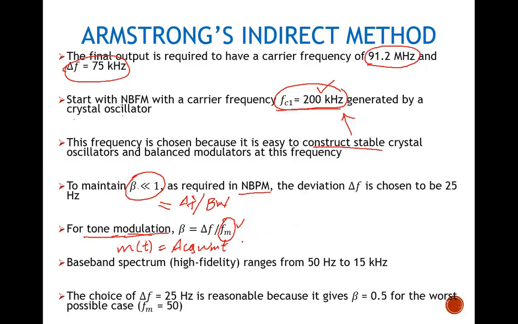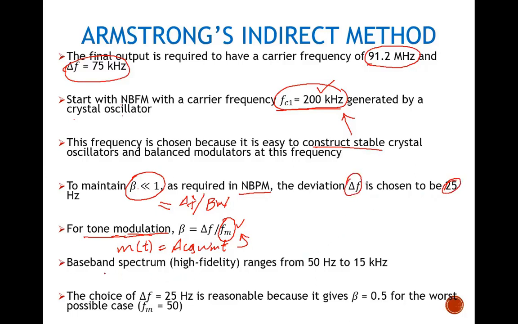So just to perform calculations, in that case, beta would be delta F by Fm. So let's say the deviation we choose is 25. We want to start with a smaller deviation.